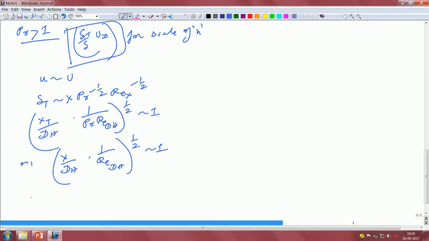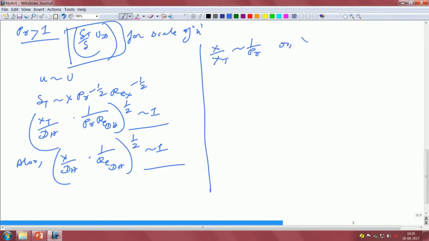So, that is what you got earlier from your hydrodynamics. This is from the flat plate. So, therefore, x by xt is 1 over Prandtl number, or xt by x is equal to Prandtl number for all Prandtl number now, because your scale has not changed. So, there is no difference.